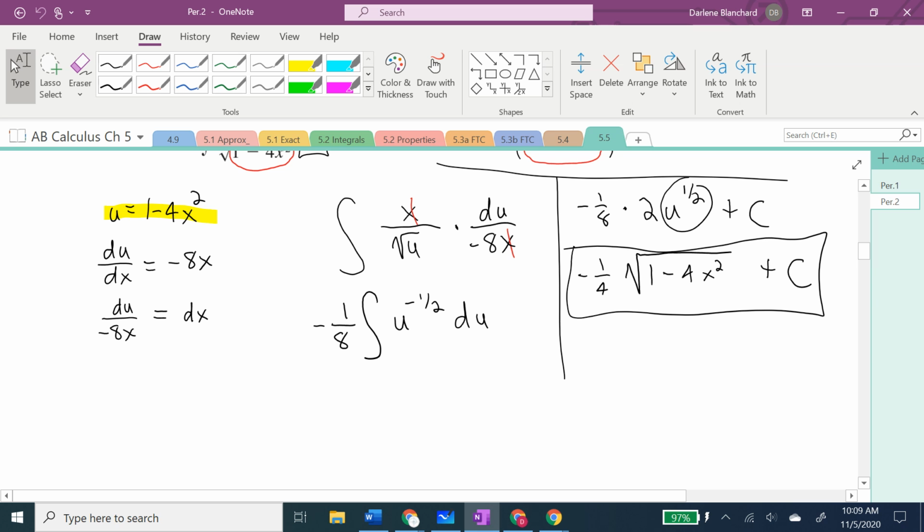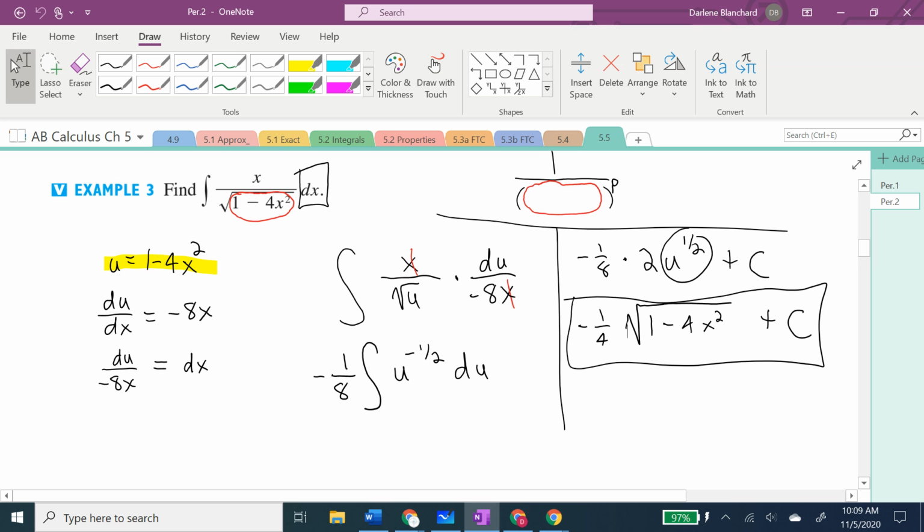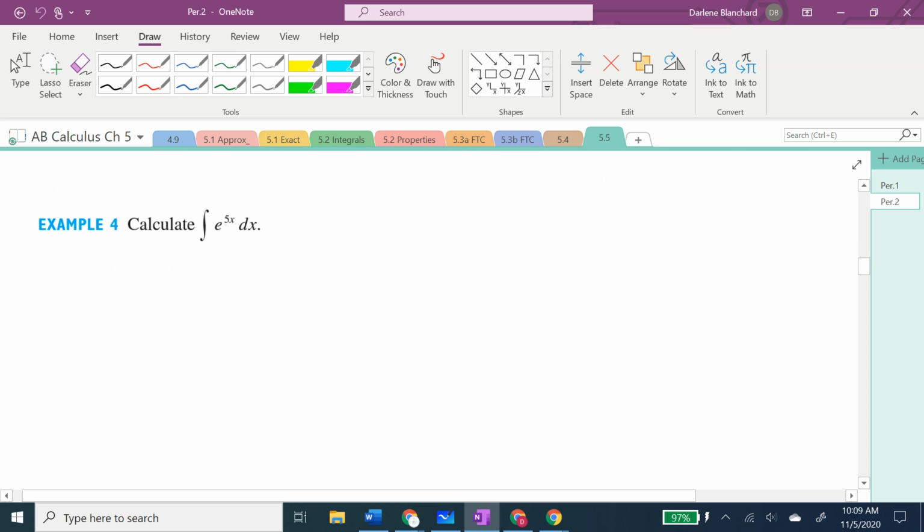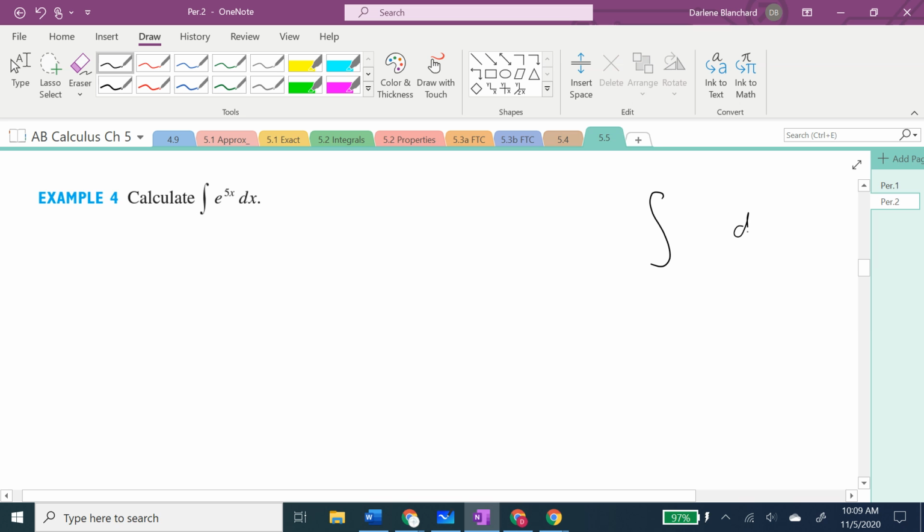So with e to the, I think it was 5x, the only way that you can just flat out use a formula without needing a u substitution is if your differential's variable is literally the only variable and it is directly in that function.